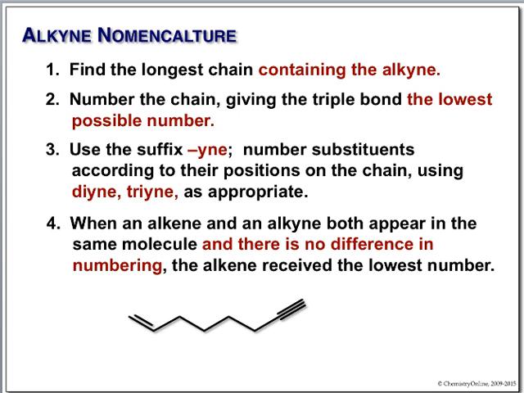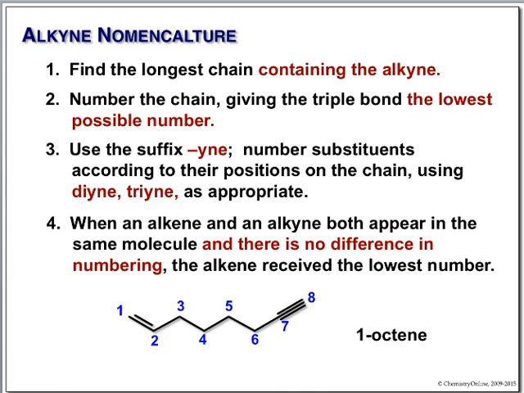As we do other functional groups, you'll see that there are precedence orders. Here, the double bond wins over the triple bond. So we would number this starting down here. Our double bond would be between carbons 1 and 2. Our triple bond is between carbons 7 and 8. Coming up with a name here, we have 8 carbons. It's an octene, but we have an alkyne here at carbon 7.